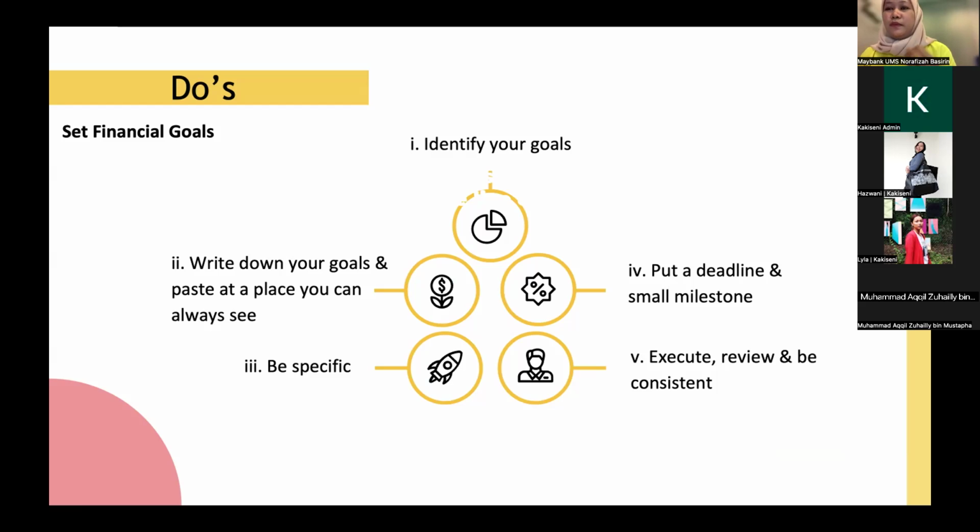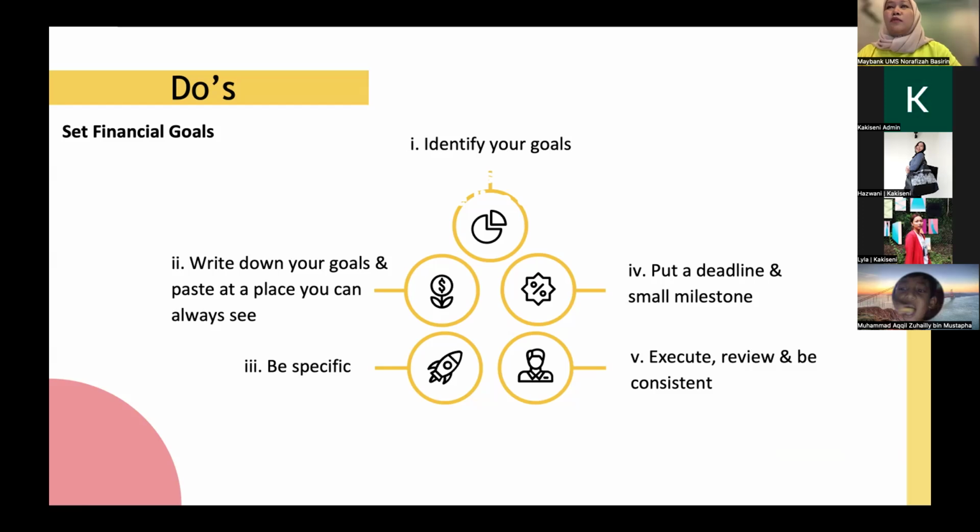It has to be something that you tailor-made for yourself, so you can adjust along the way, but still move towards the financial goals. And then you have to put a deadline, and maybe create small milestones to excite the journey of you trying to achieve your goals.